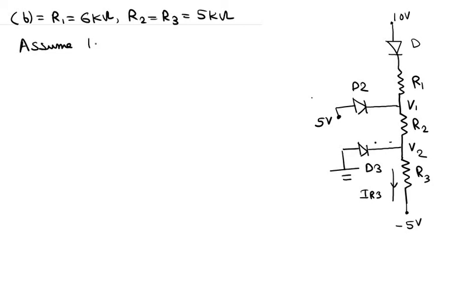So we assume that D2 and D3 are reverse biased, and just as before, if this condition is not correct, we would be getting some fallacy, and according to which we will be changing our assumption. So here, if D2 and D3 are reverse biased, then no current flows through D2 and D3.